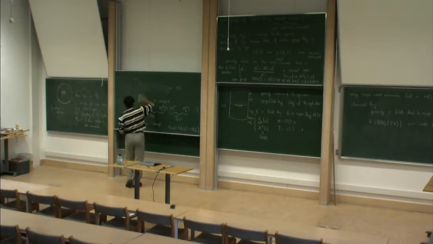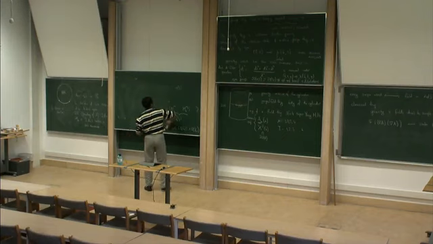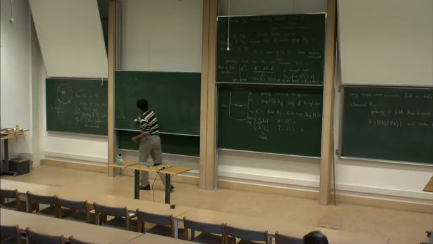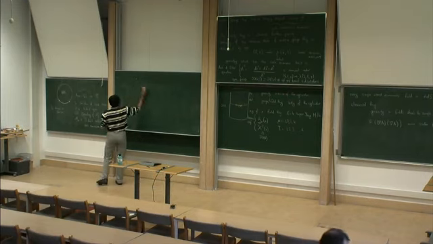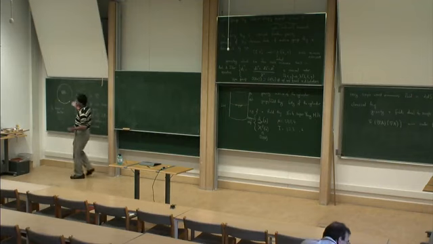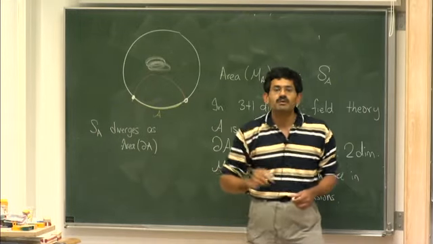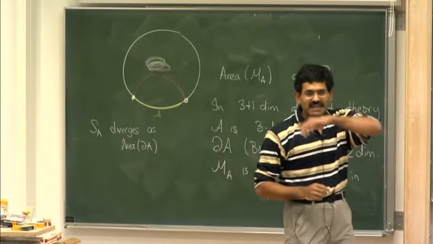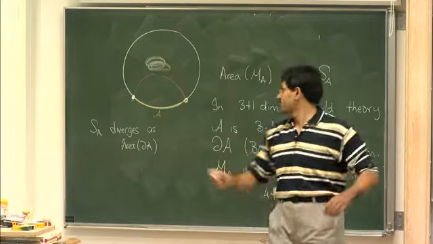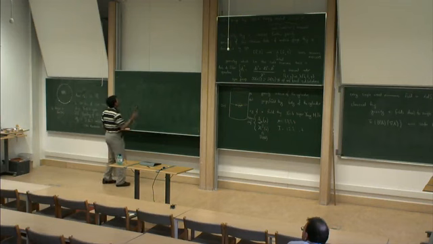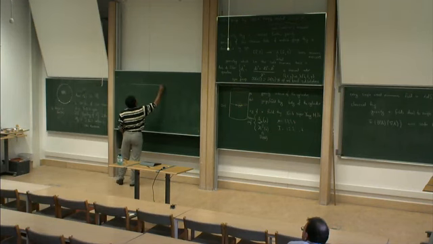The thing I want to demonstrate is that, at least for a simple class of states which are time independent, one can prove the strong subadditivity of entanglement entropy very simply from the fact that these are areas of minimal surfaces. This is something which is quite nice.